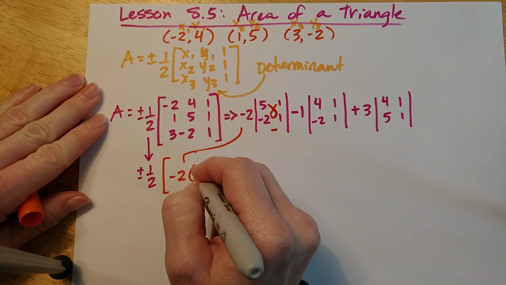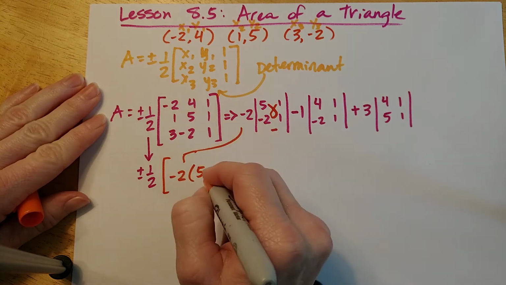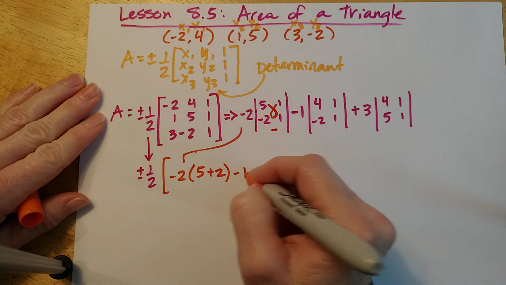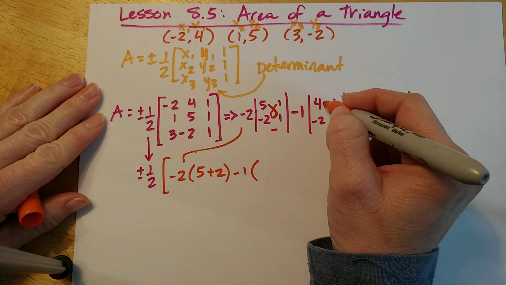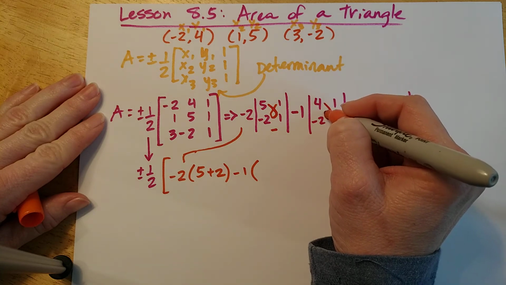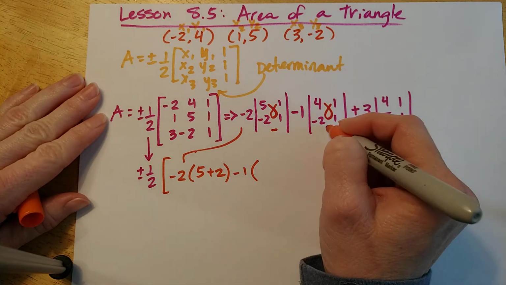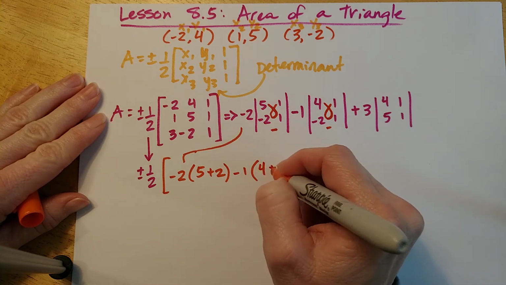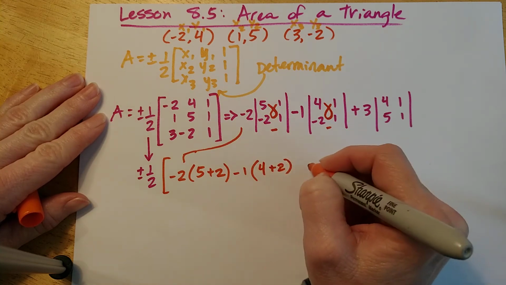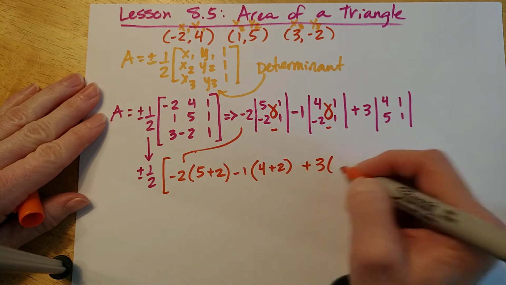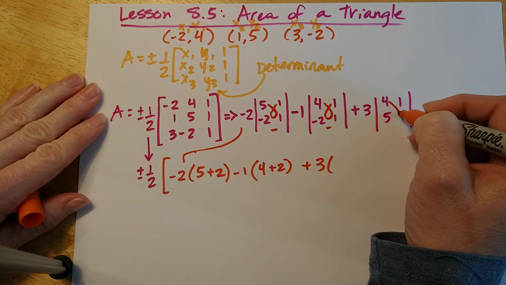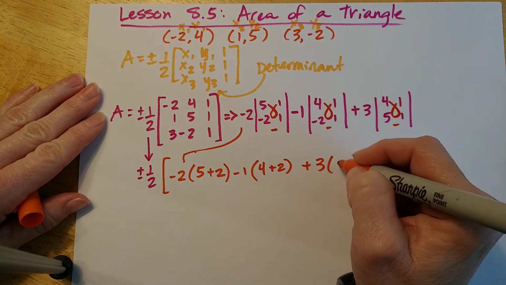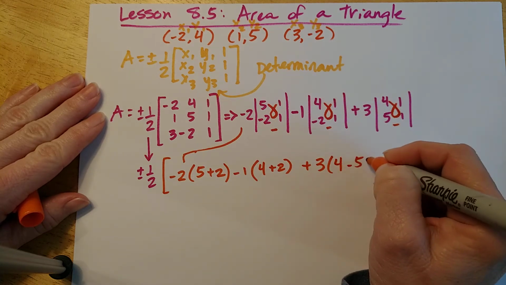So I've got 5 minus -2, it's going to be +7. Okay, do the same thing here, -1 times 4 times 1 minus -2 times 1. So 4 times 1 is 4, so that's going to be +2. And then +3 times 4 times -1 minus 5 times 1. So we've got 3 times 4 minus 5.